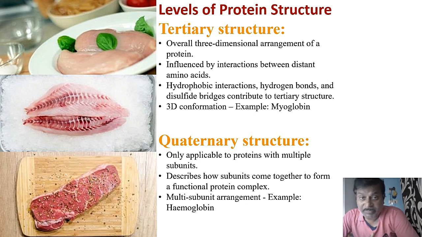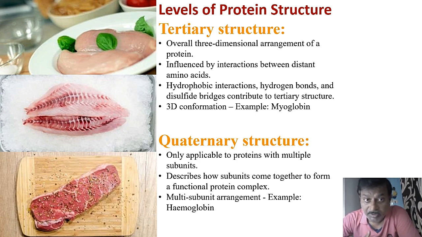Amino acid 1 may interact with amino acid 10 in the polypeptide, or 100 in the polypeptide. That is a kind of interaction which forms the tertiary structure. And sometimes hydrophobic interactions, hydrogen bonds and disulfide bridges contribute to the tertiary structure. So here the tertiary structure will give you the three-dimensional conformation of the protein.